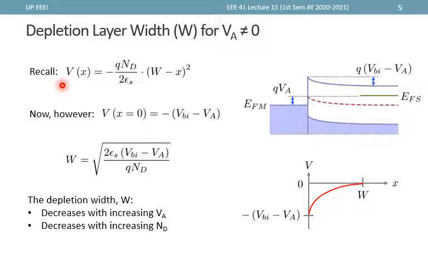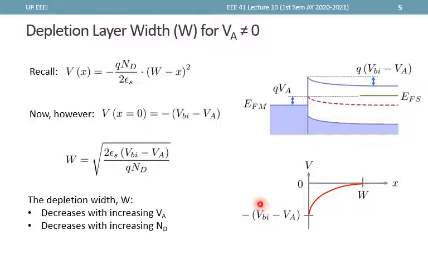However, this time we'll use the boundary condition that at x equal to 0, the voltage is minus VBI minus VA. Remember that in our previous lecture we decided to define the voltage to be 0 at the semiconductor side, and in that lecture we used that the voltage at the metal-semiconductor interface is minus VBI.